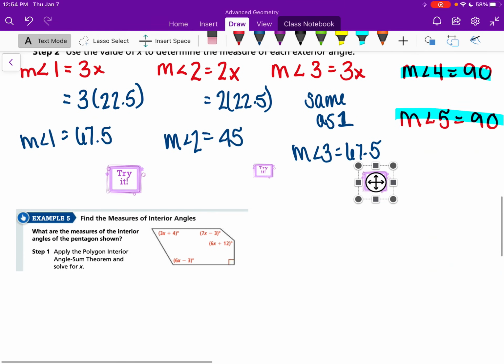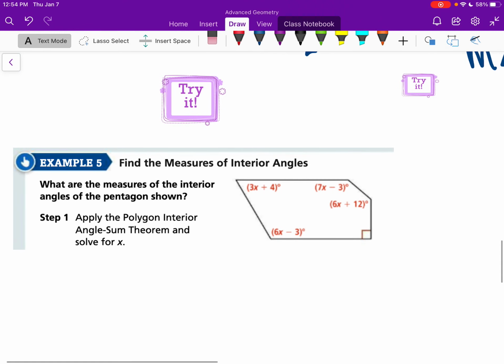Our last example is to find the measures of interior angles. So that was about exterior angles. So let's think back to interior angles looking at this diagram we have here. And what did we learn about interior angles? The sum of them adds up to equal what? Look back to that theorem.